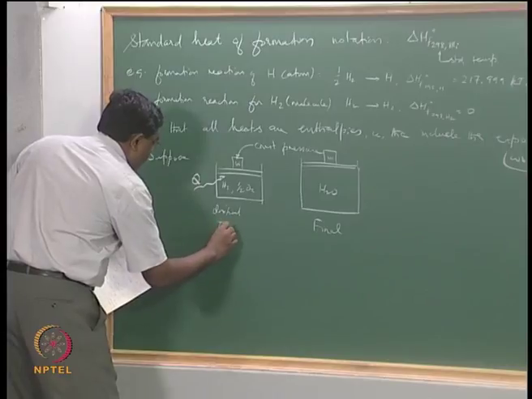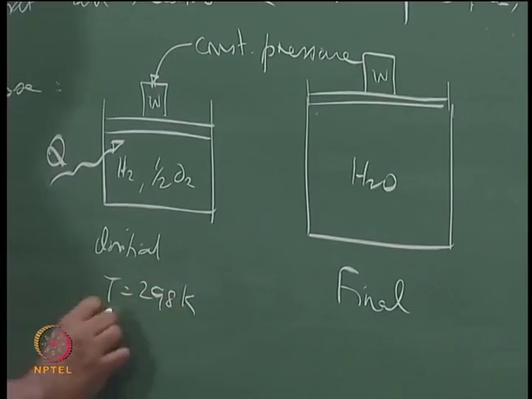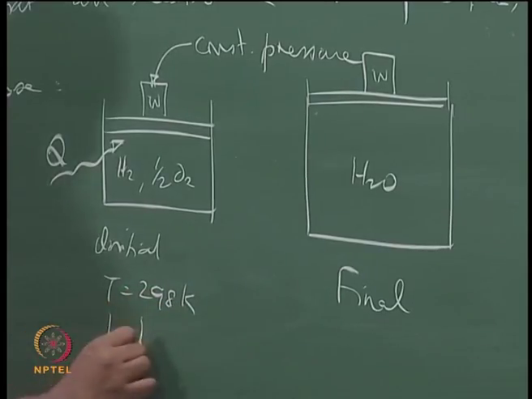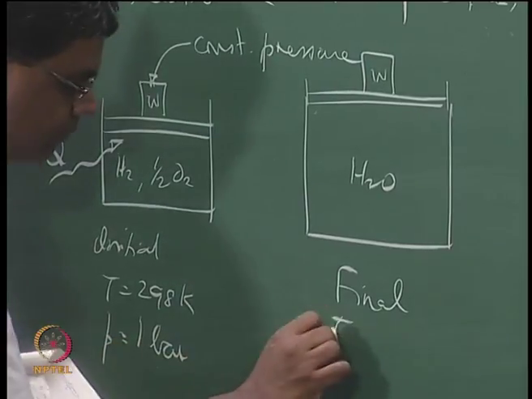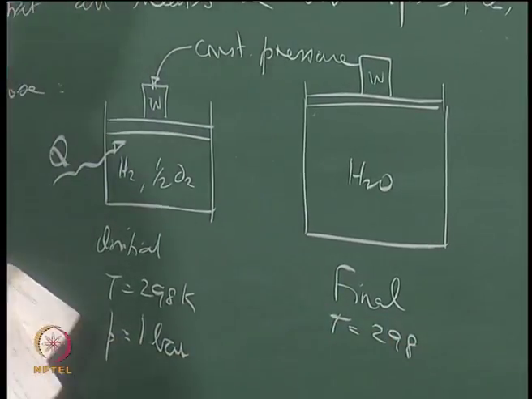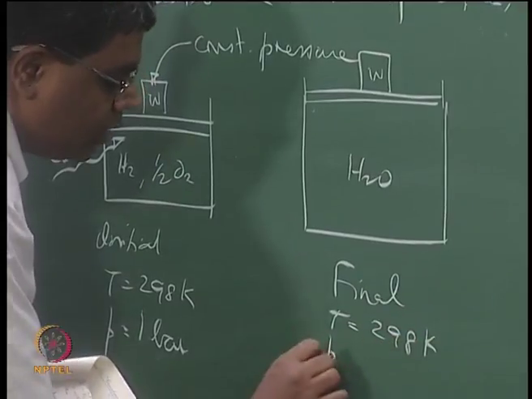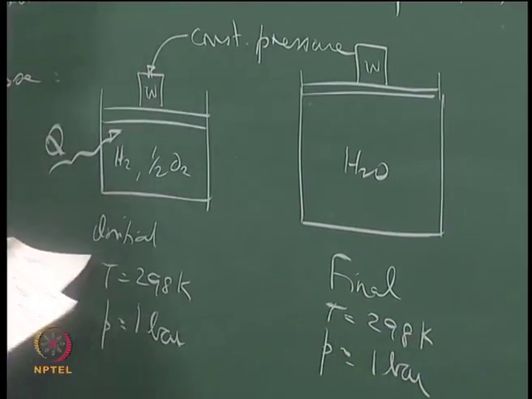So here we have T equals 298 K, P equals 1 bar, and here we have T equals 298 K, P equals 1 bar.